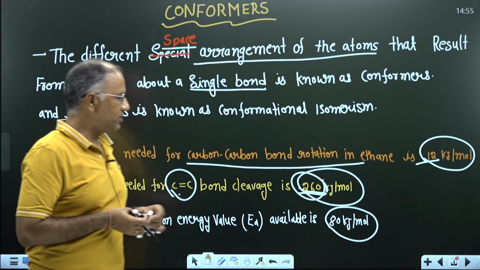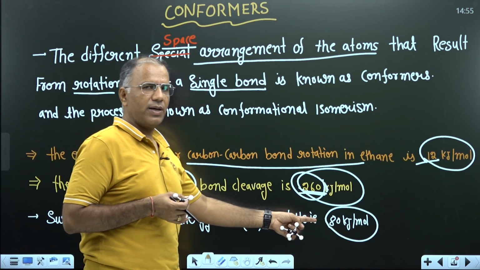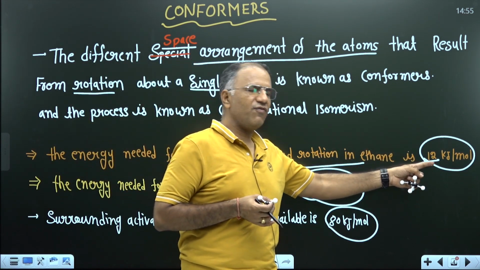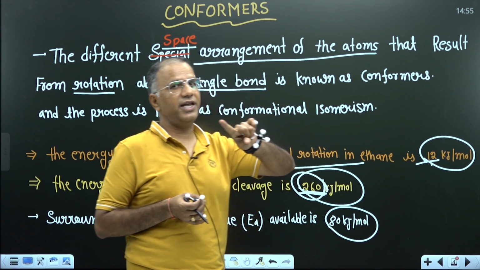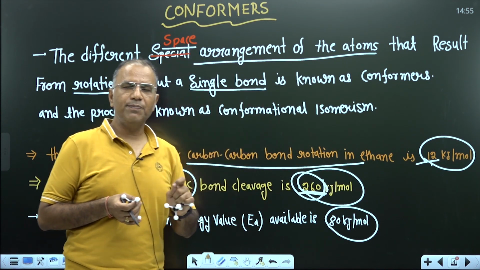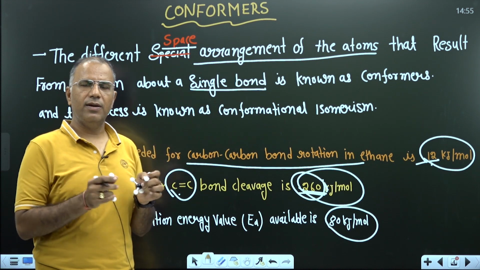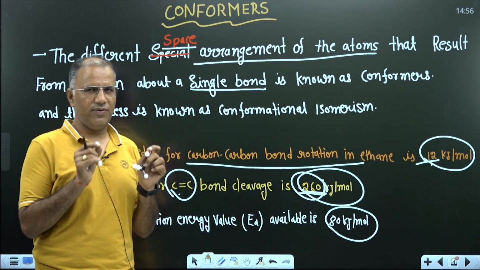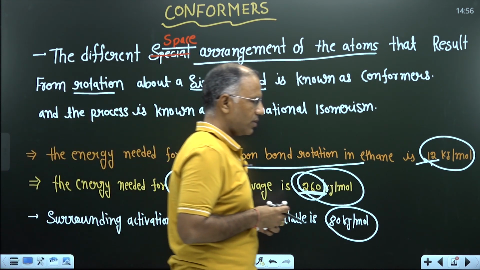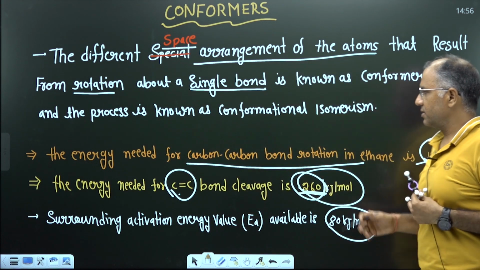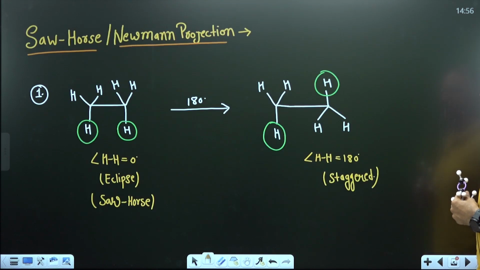This means 80 kilojoule energy is available at room temperature. So ethane can form conformers at room temperature, ethene cannot. In simple words, single bond rotation gives conformers; a double bond will not. Now let us check different projections.